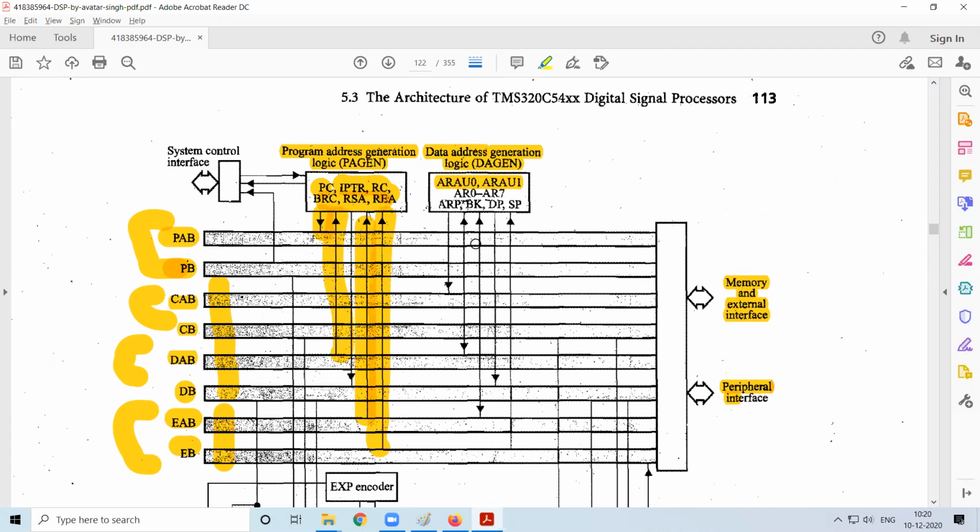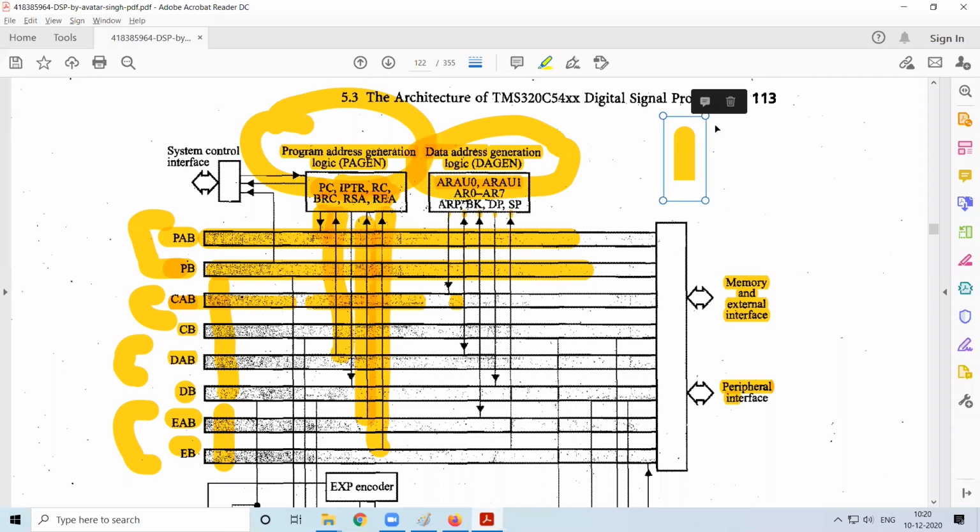But here you can see that in address generation, none of them are going to the program buses, because these are specifically relevant to that. They are not free when they are fetching the data from the memory. Only the program bus can be free once the instruction has been fetched.